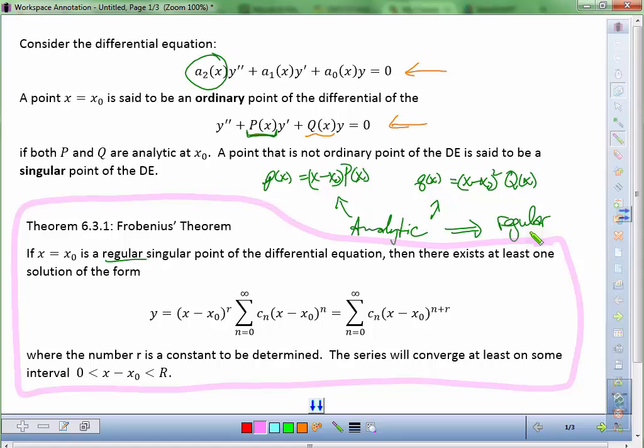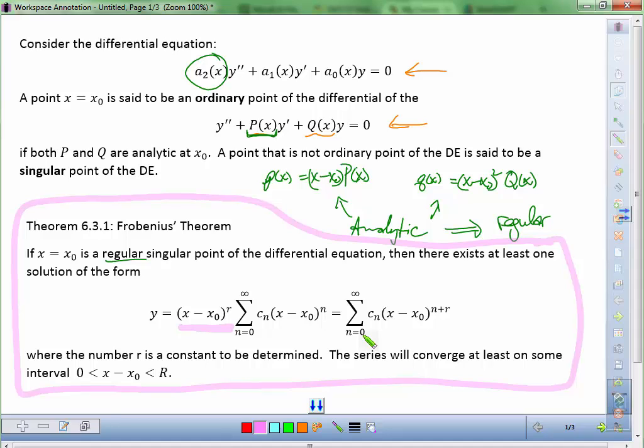If you remember, a regular power series solution is just going to be this thing inside here. But Frobenius says that if we are able to multiply this by some power of that factor, x minus x naught, and if we can get this to work, we should be able to find a power series solution.